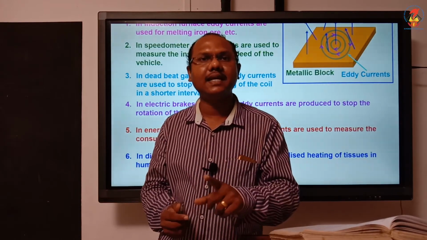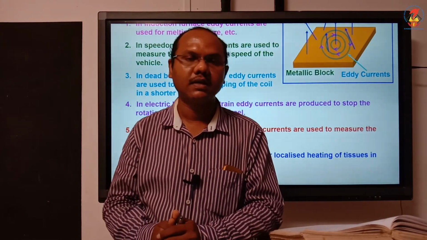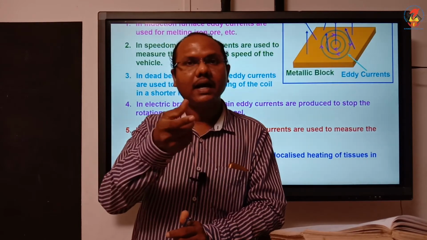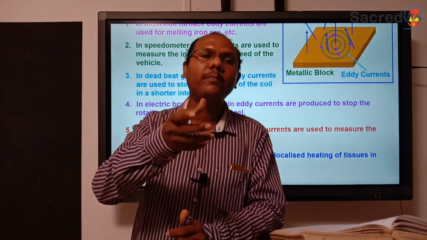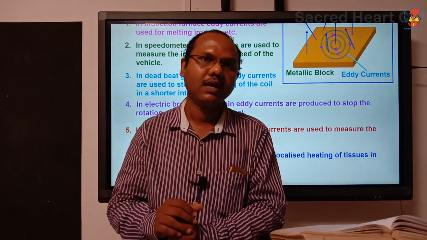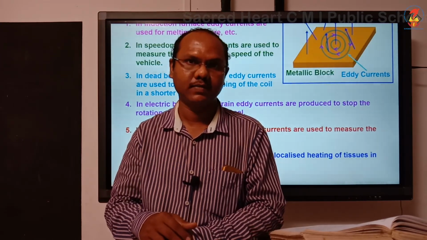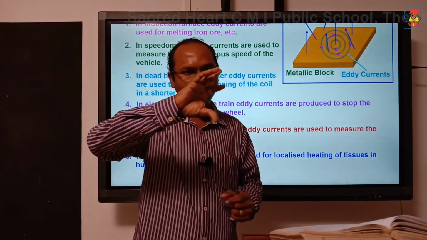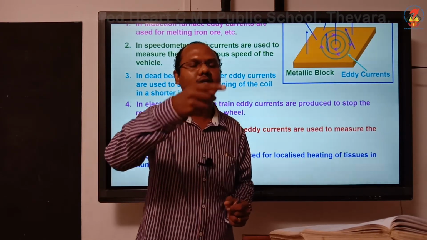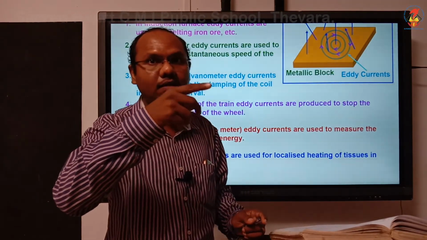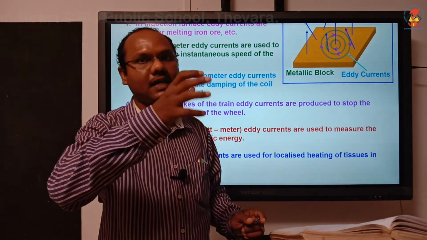As a result, eddy current is produced. So what will the eddy current do? Eddy current will try to oppose the motion of the wheel. As a result, the wheel will come to a stop all of a sudden. So think like this, the wheel is rotating forward in the magnetic field.